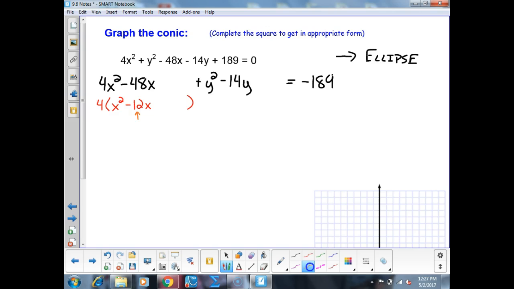Negative 12 divided by 2 is negative 6. Squared is 36. So I'm going to be adding 36 there. But really, what am I adding? I'm adding 144.